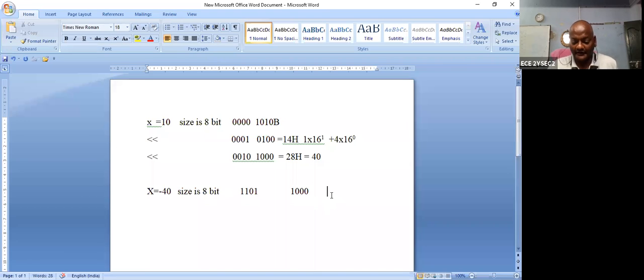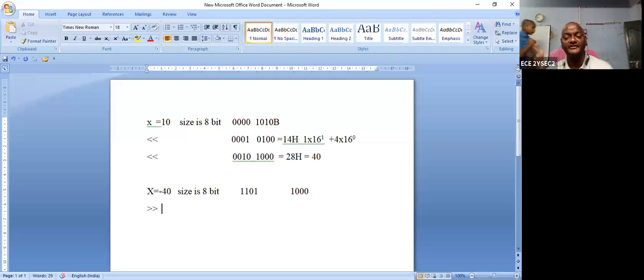Suppose I am applying the right shift. Is this a signed right shift or unsigned right shift? Signed right shift. In the right shift, the value is halved, divided by 2.